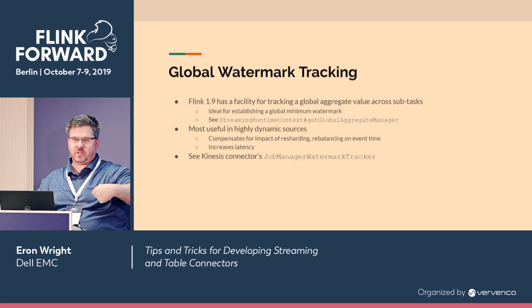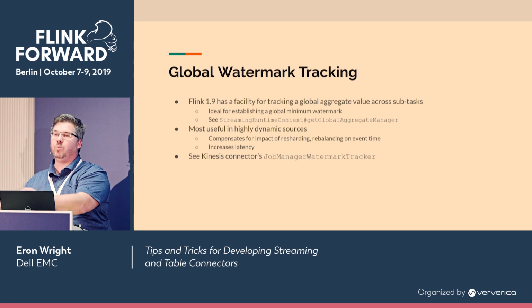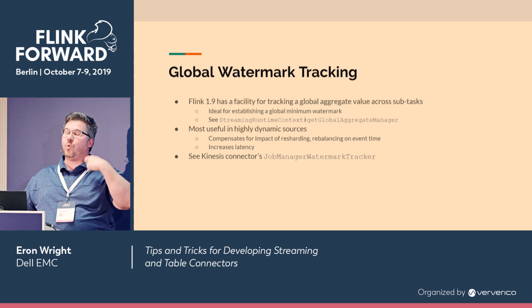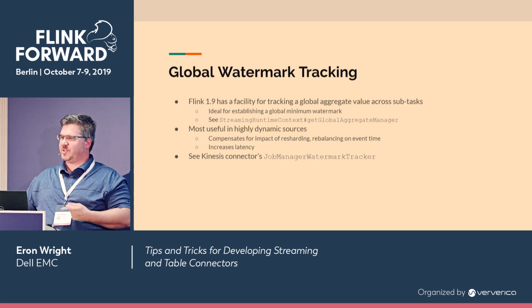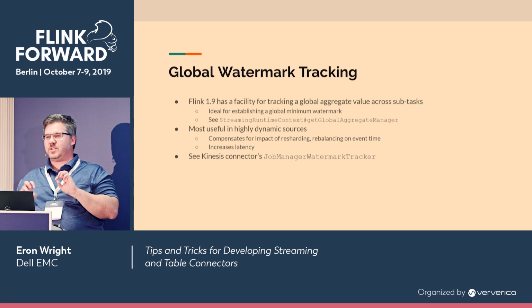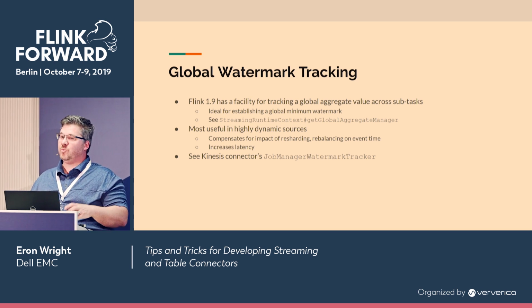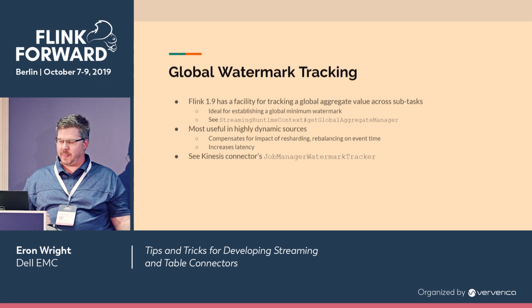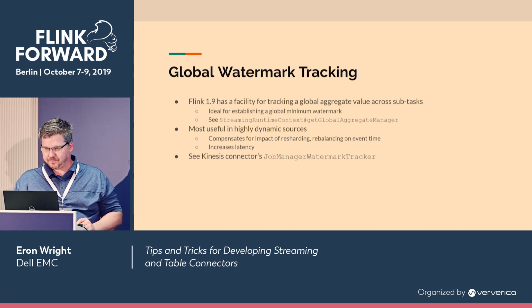And then your source will just publish the global watermark. So it's a way to coordinate your subtasks so that you establish a global watermark rather than a watermark that's scoped to your individual subtask, which might be necessary if you have a highly dynamic system. So consider taking advantage of that.